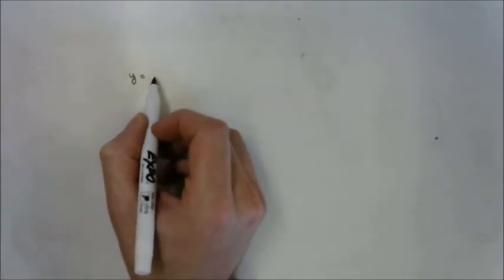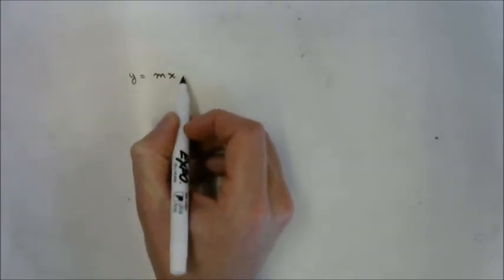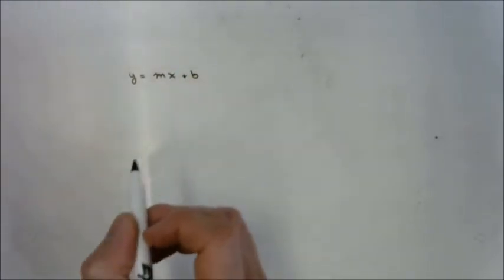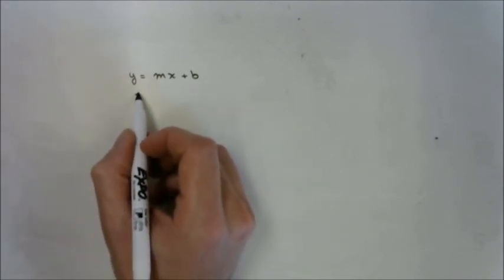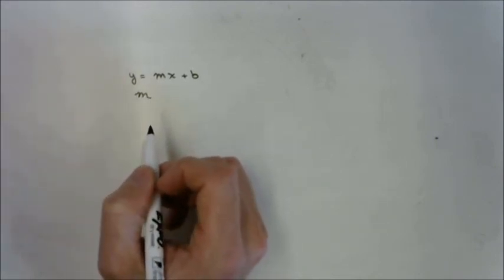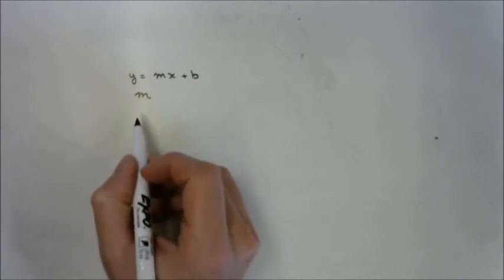Okay, key concepts, real quick, to wrap up today's lesson. See if you can fill in these lines. The equation of a line can be written in slope-intercept form, which is y equals mx plus b, where m is the slope of the line and b is the y-intercept.